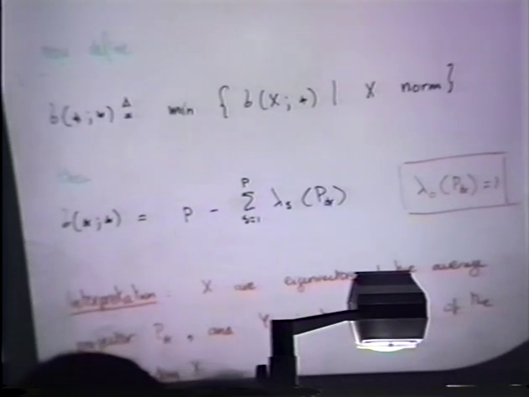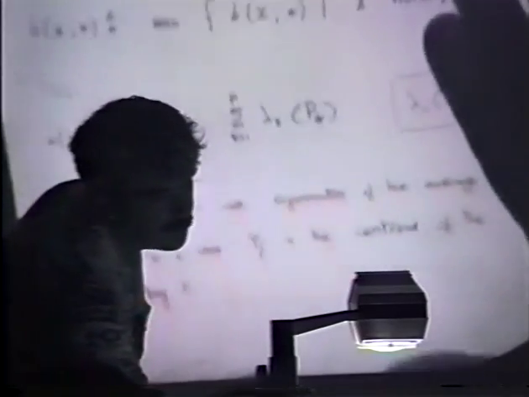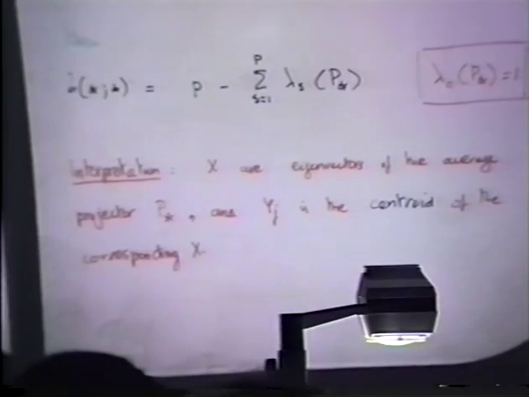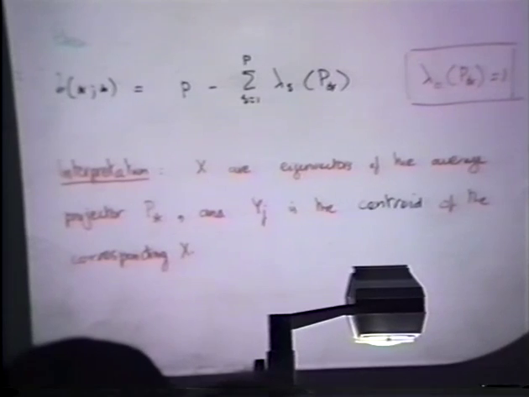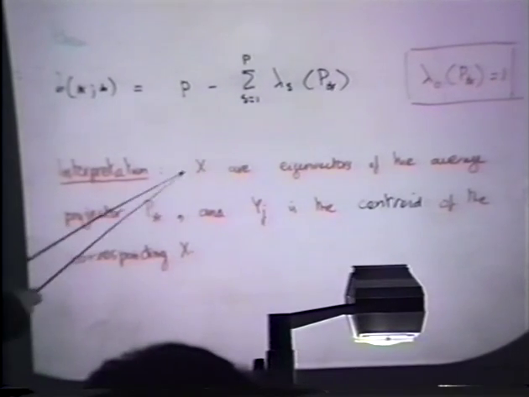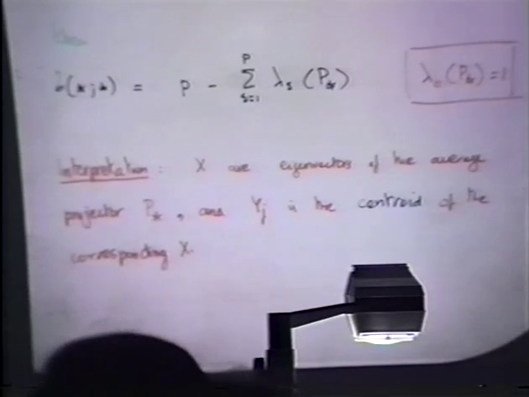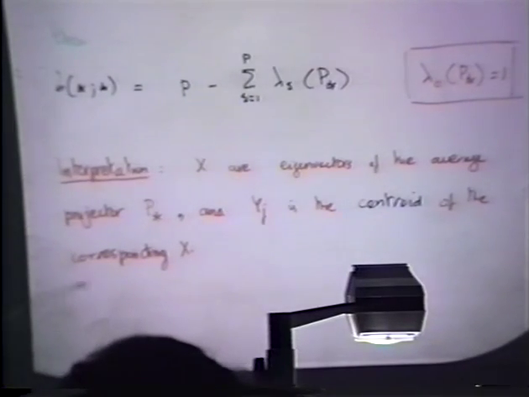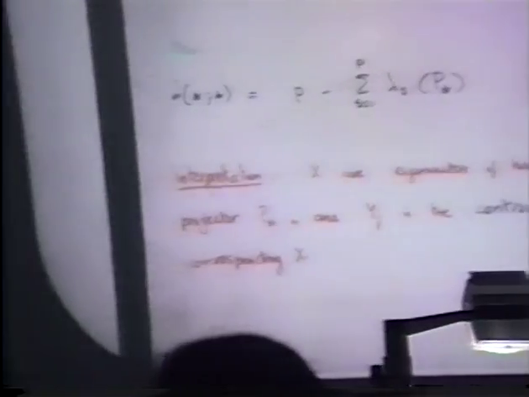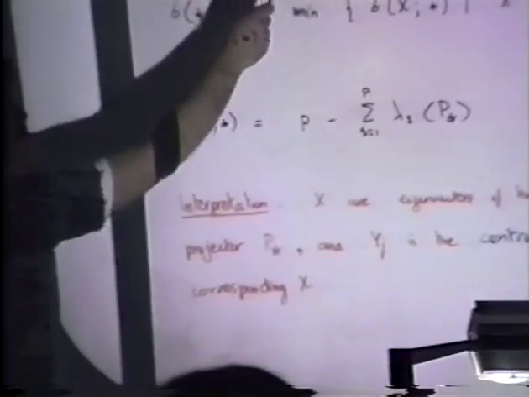Now, this derivation immediately shows you how to compute the solution of homogeneity analysis. That's one thing. Another thing is it gives you an interpretation. The x's are the eigenvectors of the average projector, and y is the centroid of the corresponding x. And what I mean by centroid is explained up here.